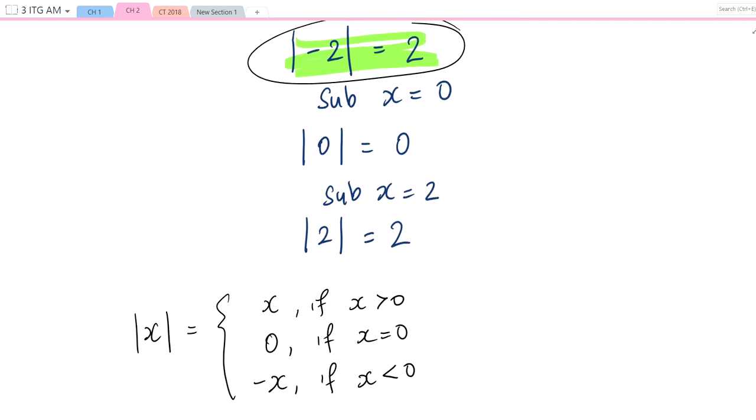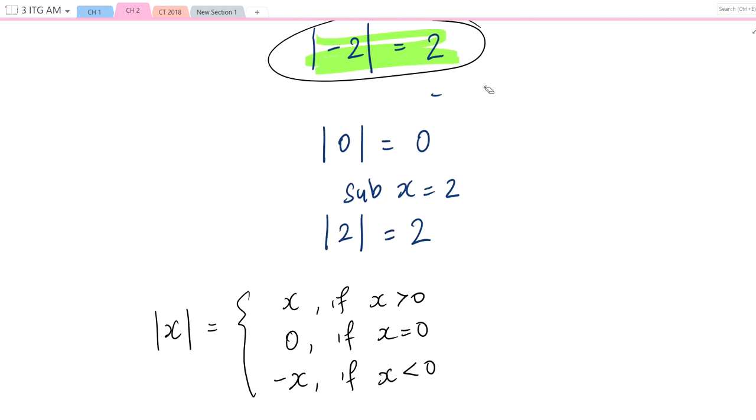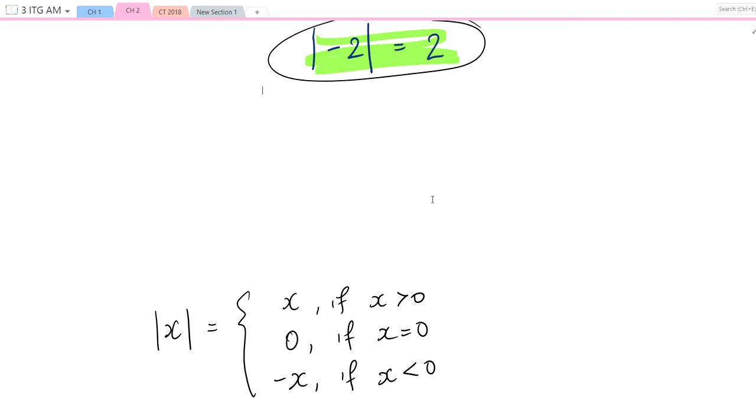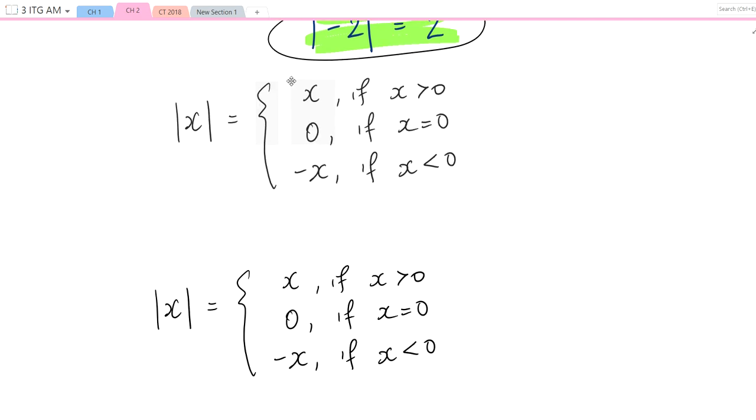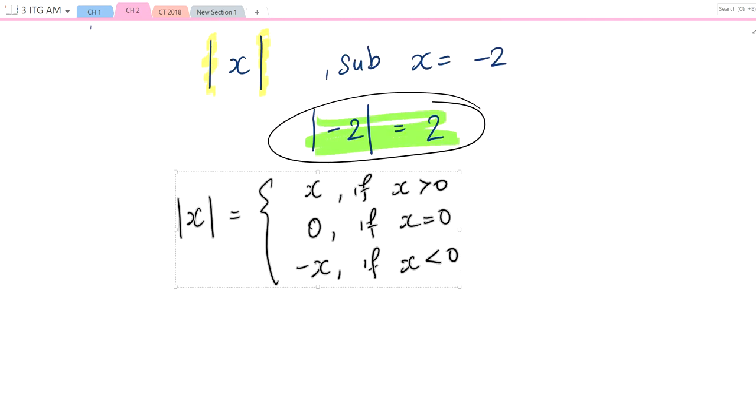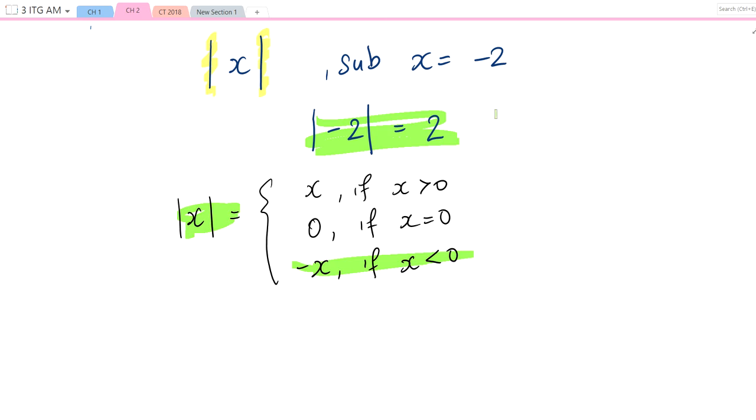Okay, so let's just link these back. I want to compare this last case, see if they are really equivalent. Okay, so let's say, for example, let x be equals to -2. Okay, let's choose something different.